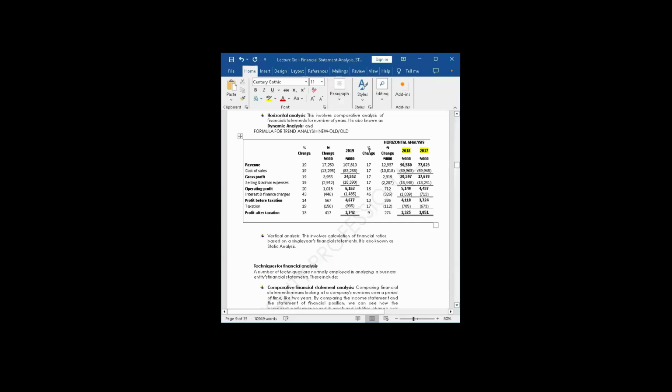What do we need to show? We want to see your absolute change, the naira change between 2017 and 2018, as well as the percentage change.